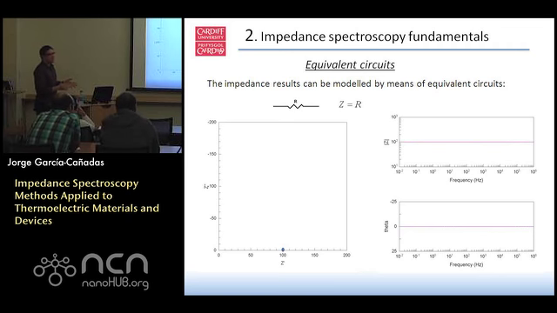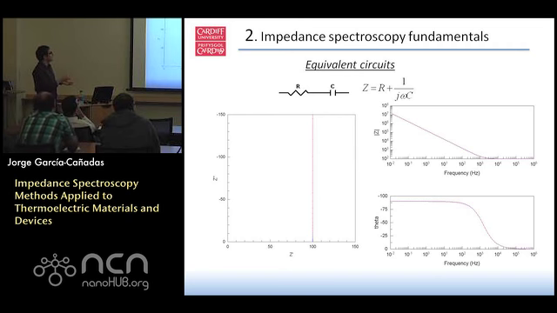The way we interpret the results in impedance spectroscopy is using an equivalent circuit. So for example, if we take a resistor, we connect it to the impedance analyzer and we perform the impedance spectrum, we will see a point at the value of this resistor, in this case 100. The magnitude is constant with frequency and there is no phase shift.